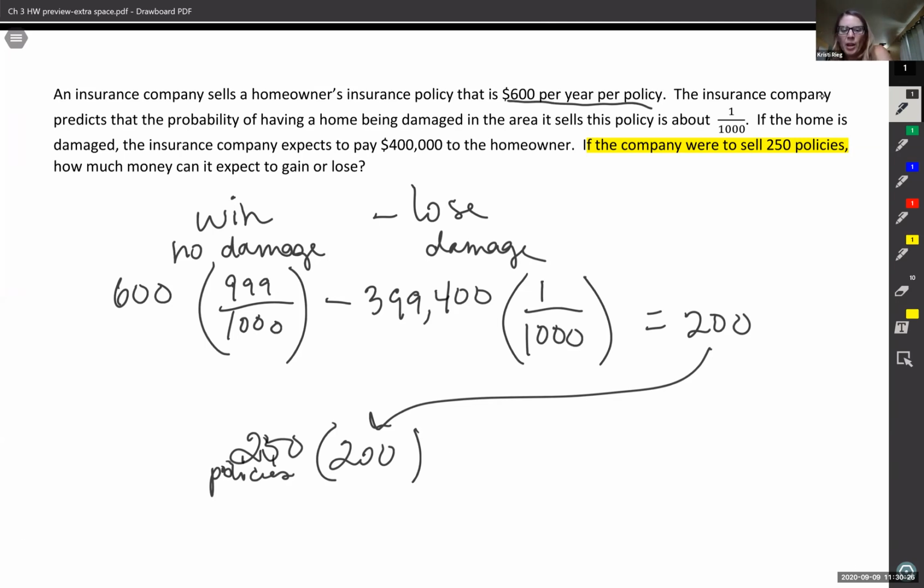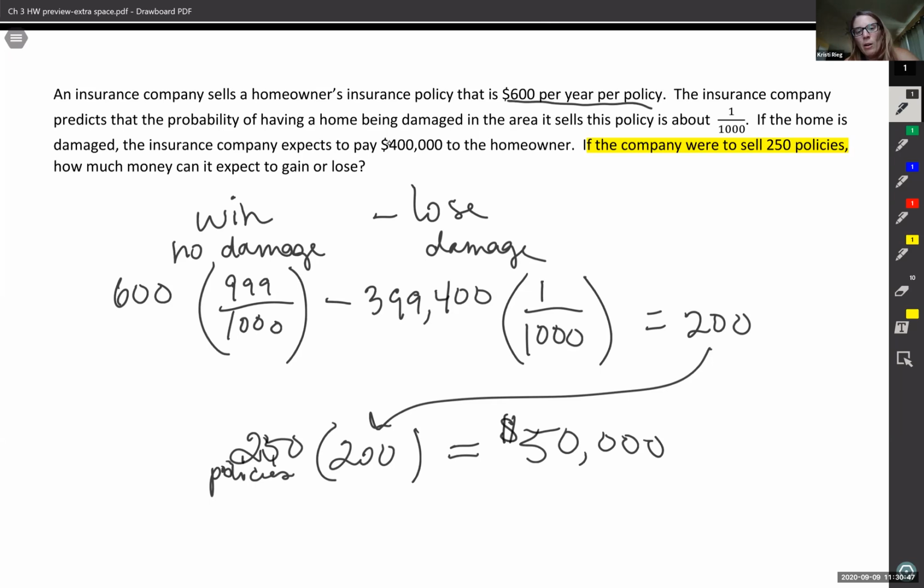And so that would give them $50,000. And that's a win because it's positive. So they would gain $50,000 out of 250 policies because of course, accidents happen. There are going to be some payouts, but the majority of the time they're collecting that money.